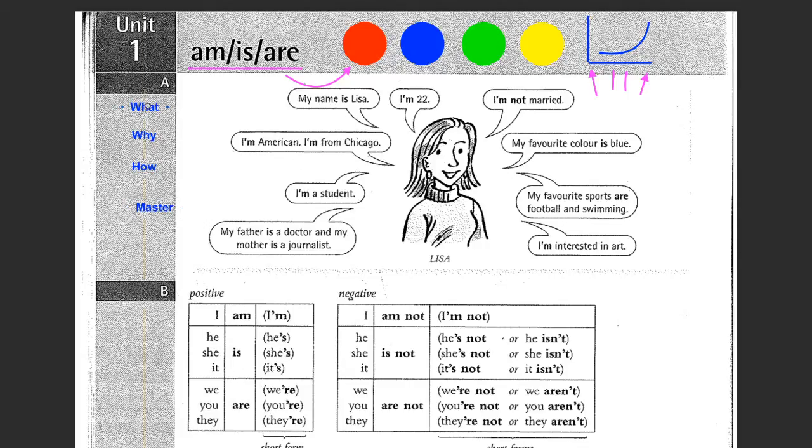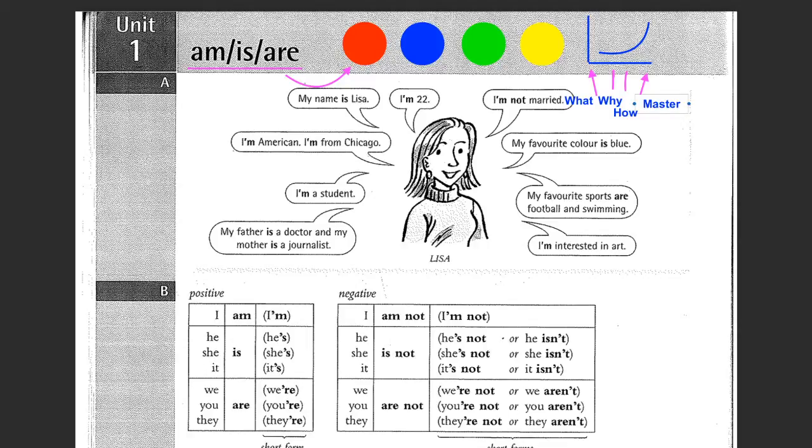So the first stage is what is it, the second stage is why we have to learn it, the third stage is how we could use it, and of course the final stage is how to master it.